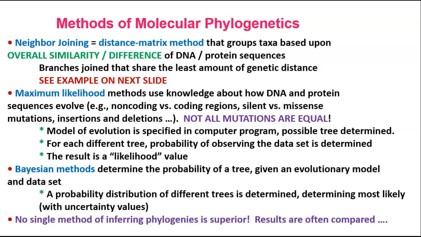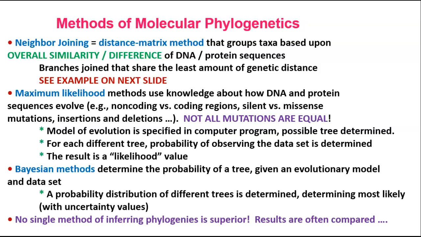Non-coding versus coding regions, silent versus missense mutations, insertions and deletions. There's different probabilities of these kinds of things happening. Not all mutations are equal. And the point here is that this knowledge, this information, is put into the computer program for doing a maximum likelihood analysis.